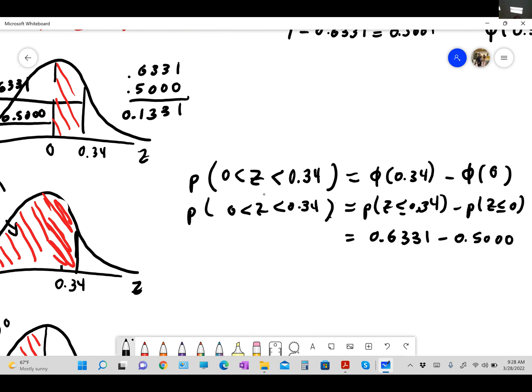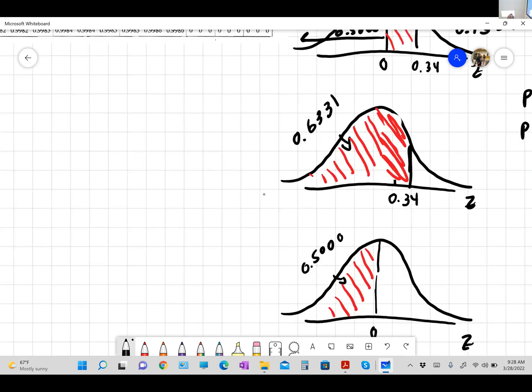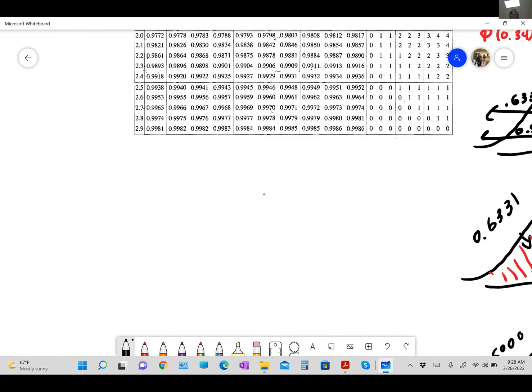Now that's pretty much it. But let's talk about how to read this table for decimal places. Let me zoom in for you guys to see. Let's go to the top. It's just better. There's more precision.